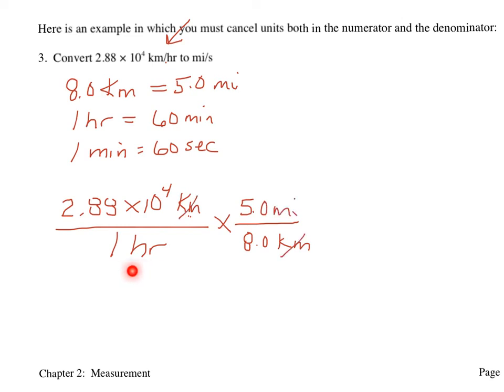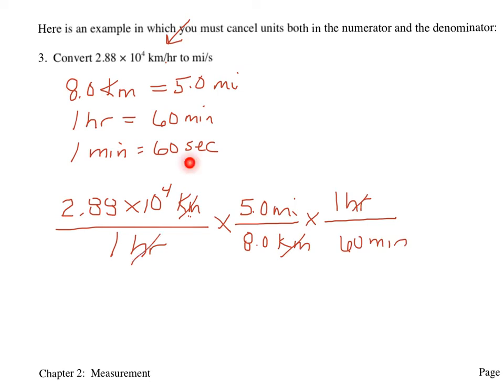Now, we're just going to focus on the hours. So we know that an hour is 60 minutes. But this time, you want to cancel out the hours by putting the hours on top of this fraction so that they will cancel that way.